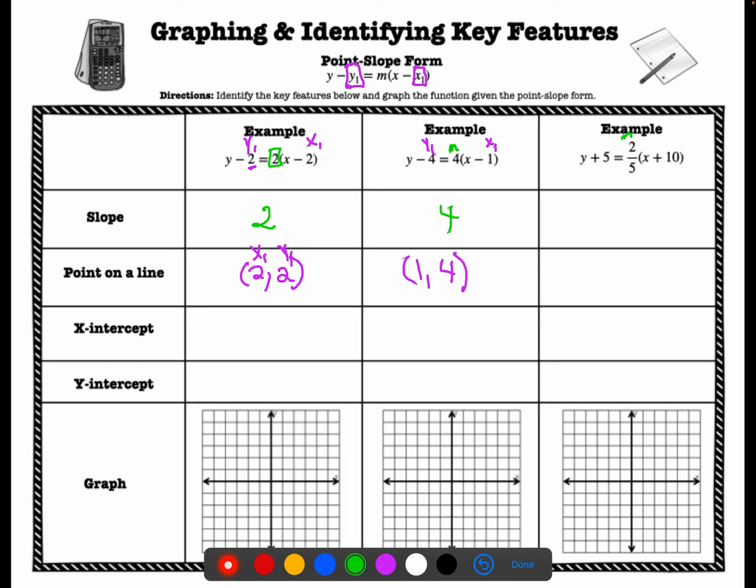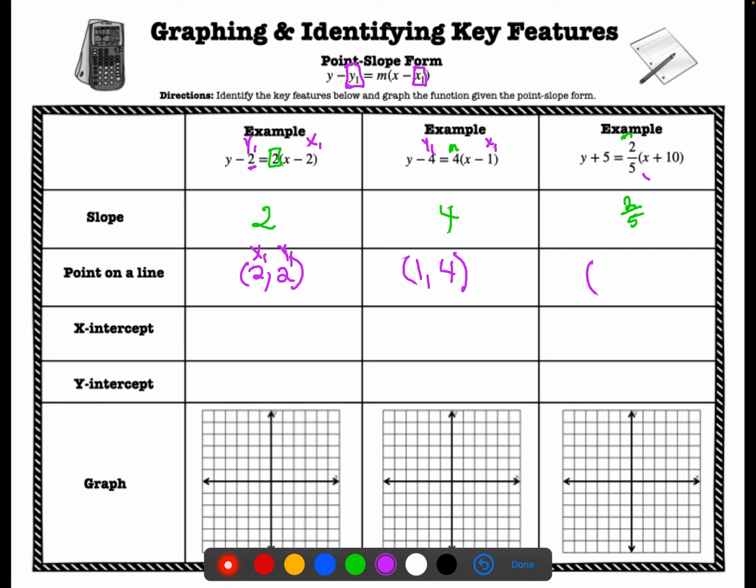But when we start looking at what our x1 is, we have to take the opposite, or we see the opposite of the minus sign. So therefore, we have to take the opposite of this x value. And I'm going to write it for you. Remember, slope is 2 over 5. And the point, instead of us just saying, oh, it's 10, we have to change that sign.